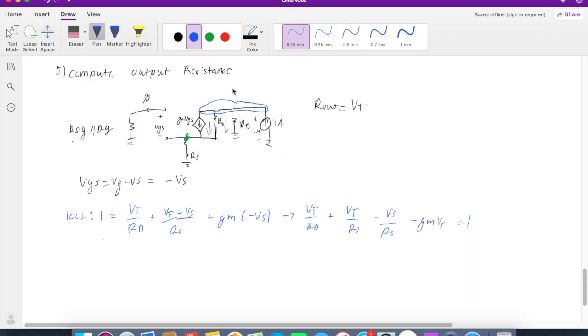And now let's start with our second KCL. It's just going to be the same as the one we found in the voltage gain because we didn't really change anything in this part of the circuit.